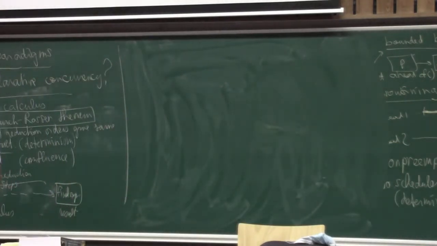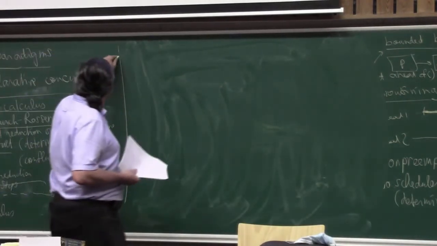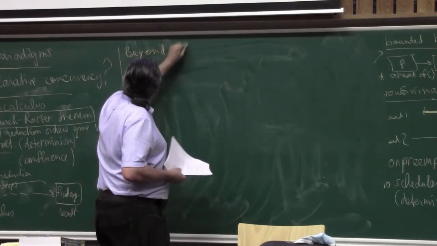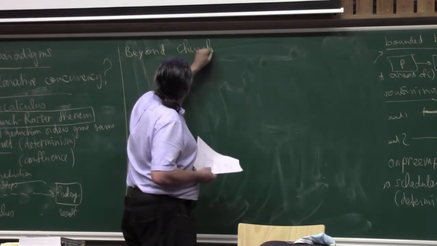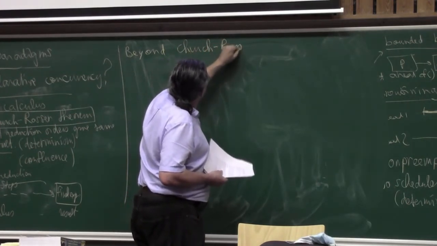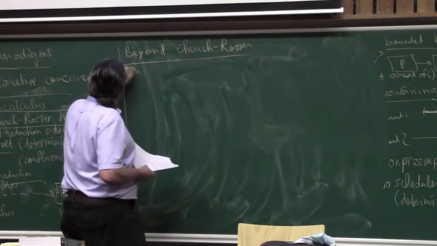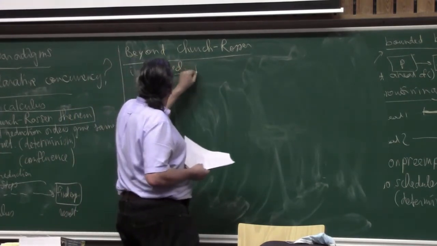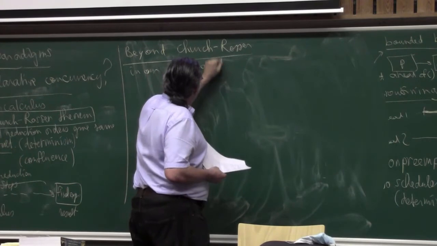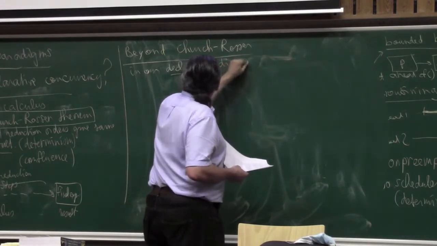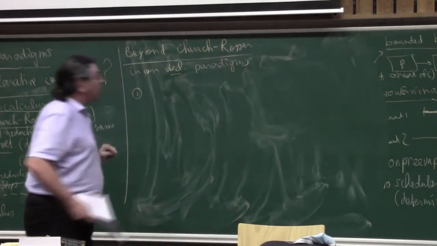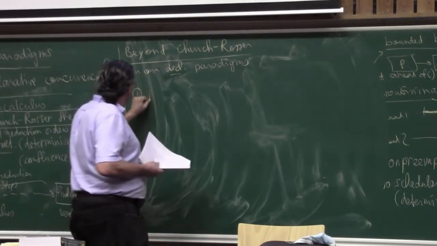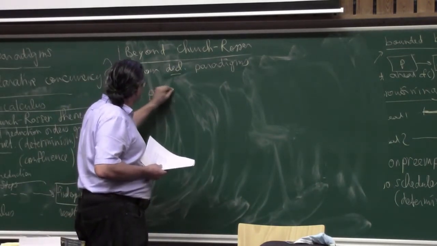Okay, so let me just say, so we're going beyond Church-Rosser in our declarative models, in our declarative paradigms. So how do we go beyond? Well, we go beyond in several ways. One way we go beyond is that we have partial termination.